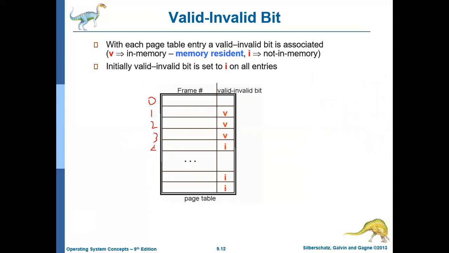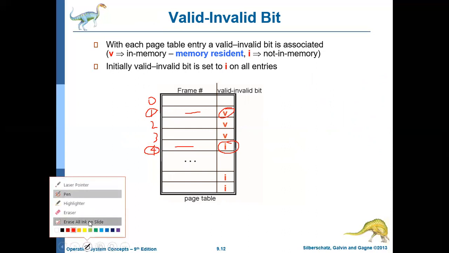It maps a page number to a frame number. If the valid bit is set, the frame is available in the main memory; if the bit is I, it is currently not available in the main memory.